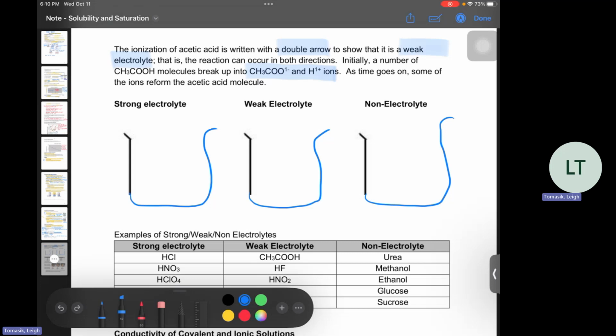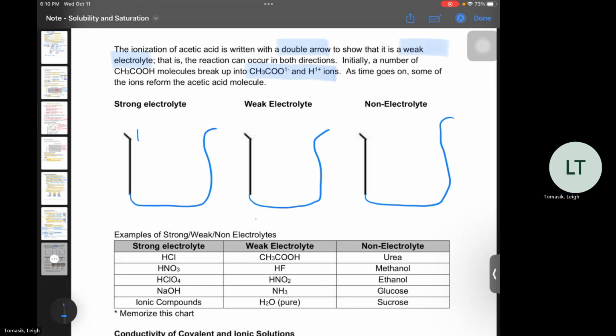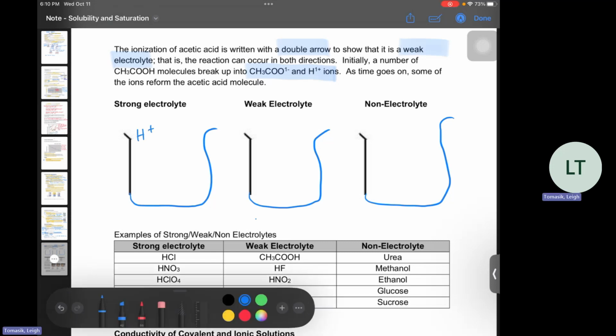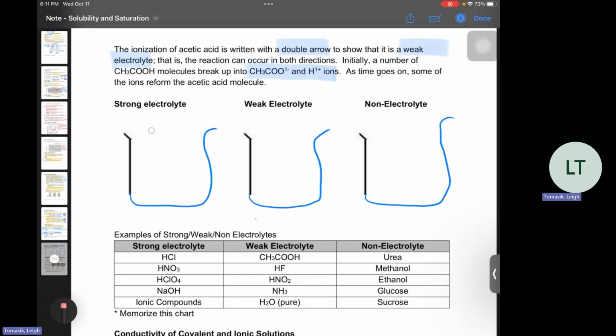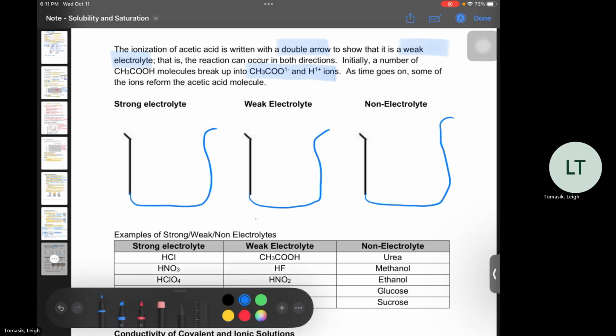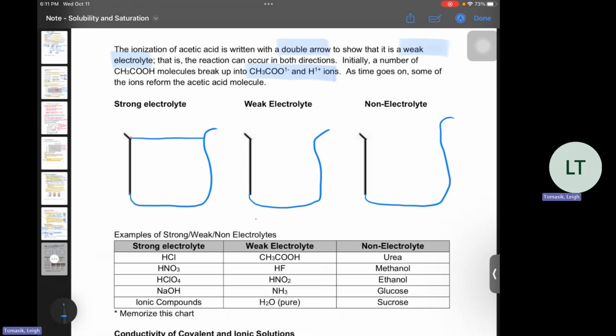So when strong electrolytes like HCl are in solution, let me draw it. Okay, so we have a container that's full of the solution. A strong electrolyte would be, for example, HCl.